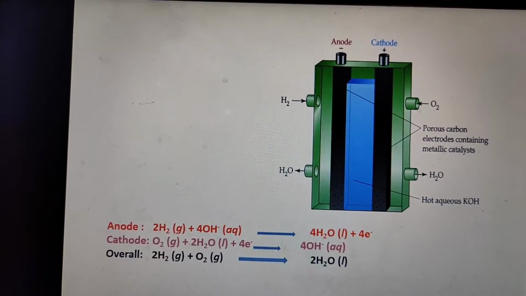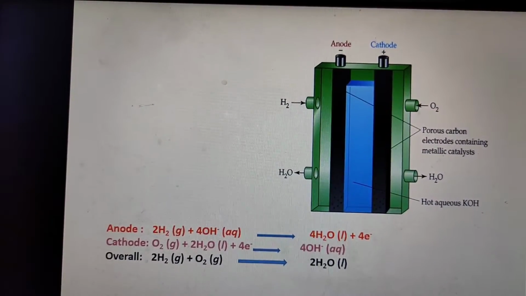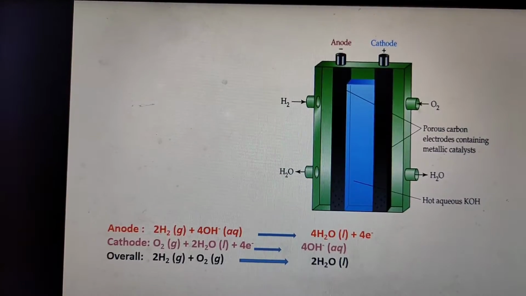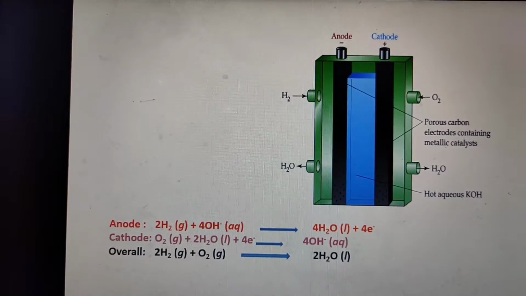See, hydrogen and oxygen are fed into the porous carbon electrodes, and these carbon electrodes are filled with platinum or palladium so that they act as the catalyst in the reaction. At the anode, what happens?